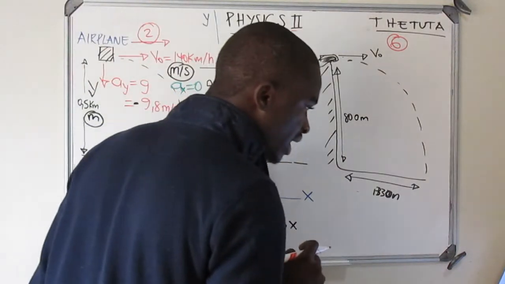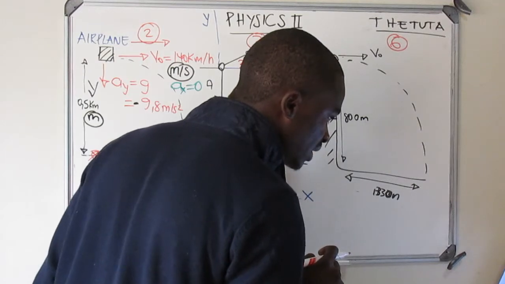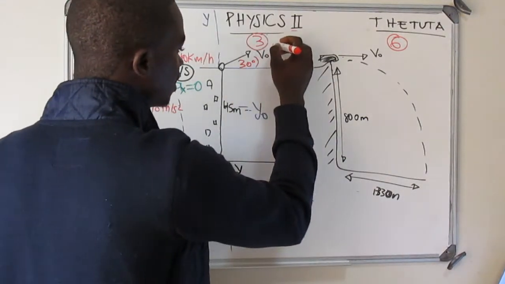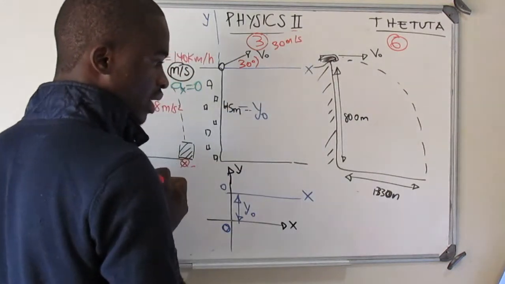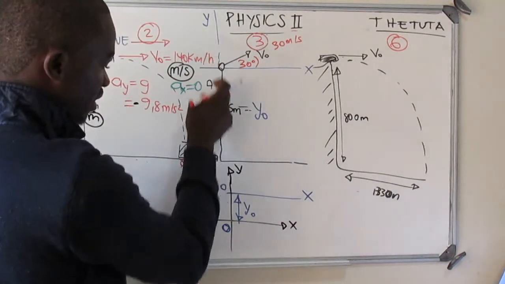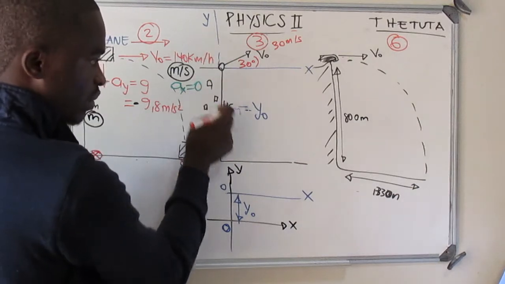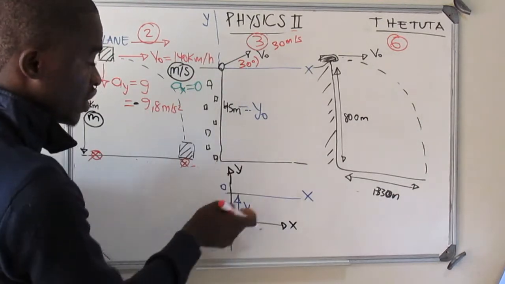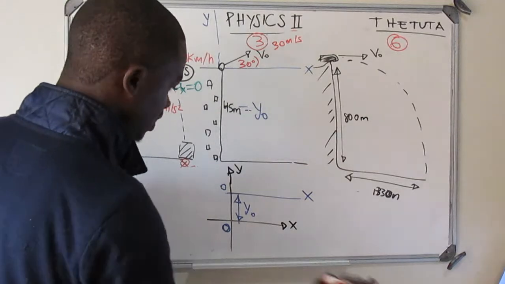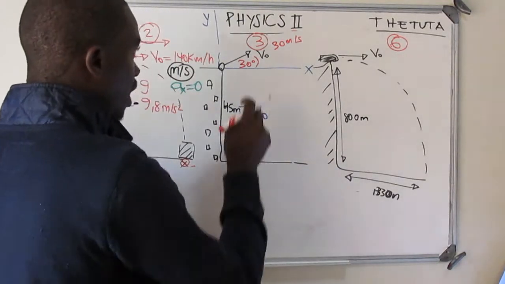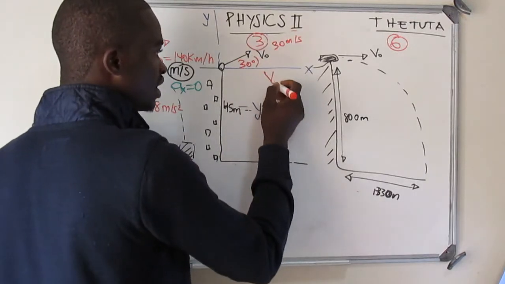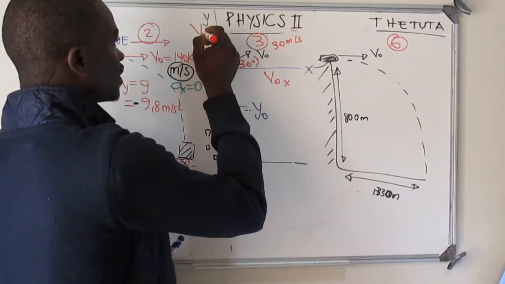And they say the initial speed is 30 meters per second. Okay? And then the height of the building, you say this y is going to be the initial y. The reason why, we explained already. Okay? So therefore, as you can see, because of the speed, we're going to have a speed in x and the initial speed in y.